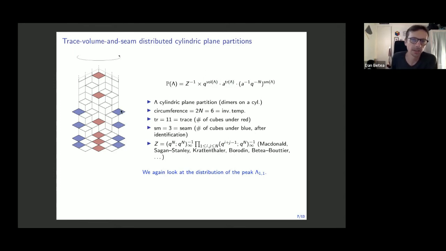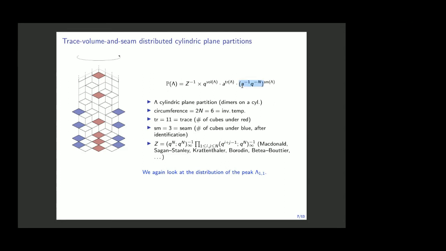So the seam is just the total height of the things that you see here. The seam is equal to 3, so 2 plus 1. It's also the height of the things here because these are identified. And how do you keep track of the seam? In principle, you could do it with an arbitrary parameter.